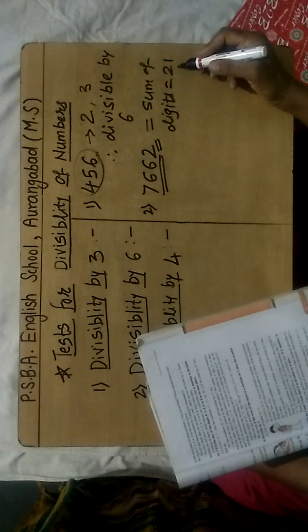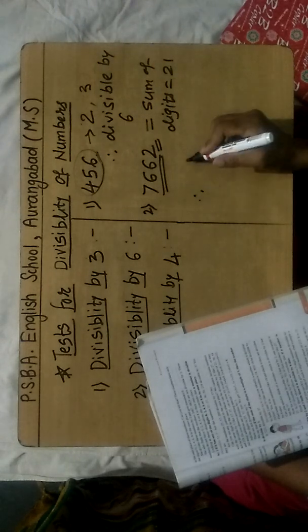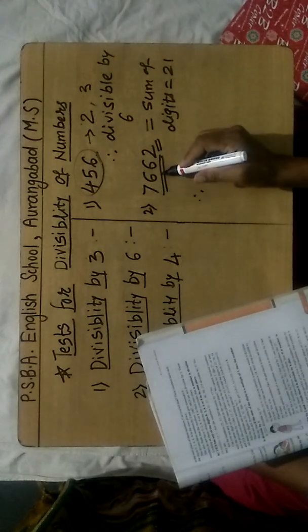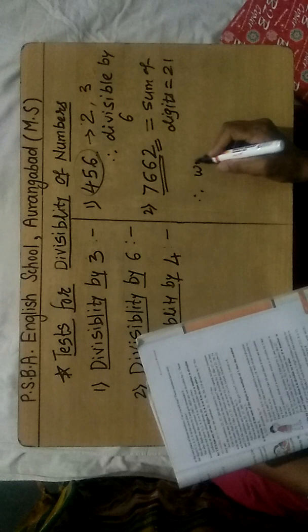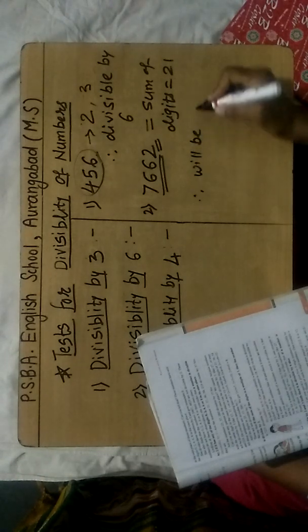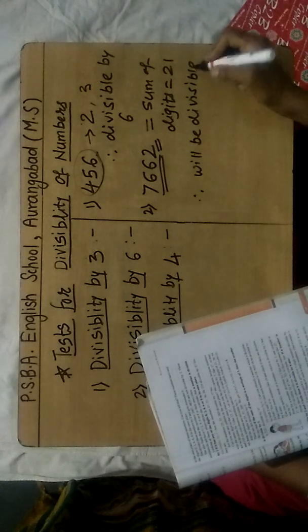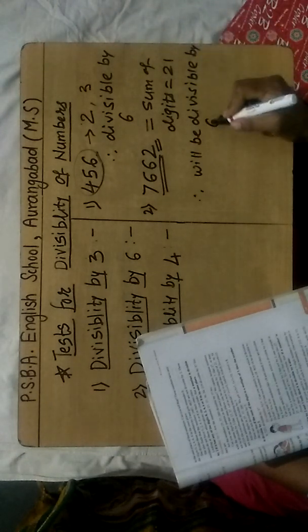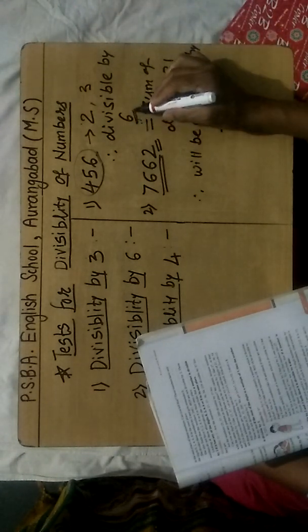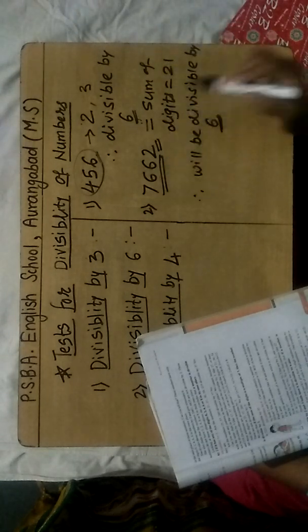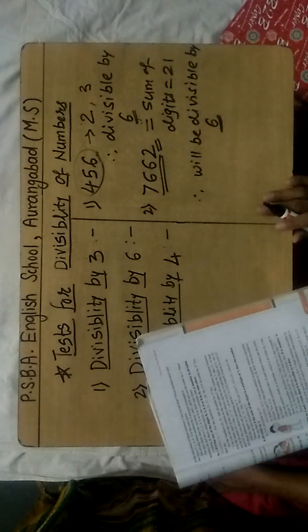Therefore it will be divisible by 3. Therefore the number 7,662 will be divisible by 6. Why? Because it is divisible by both 2 and 3, therefore it will be divisible by 6.